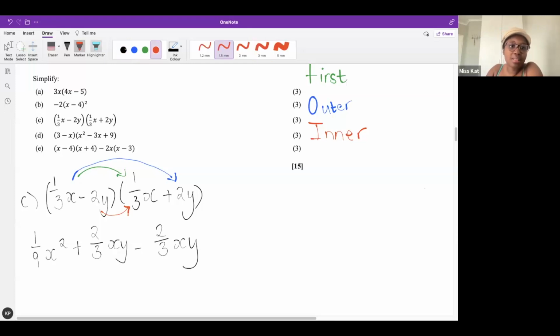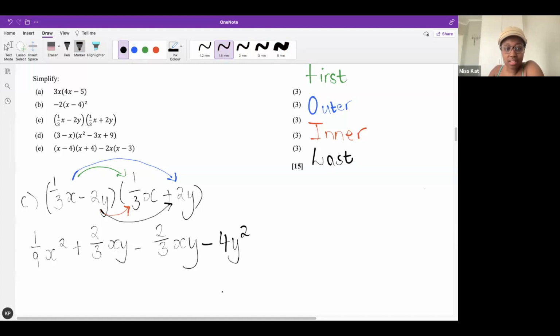And then what does my L stand for? L stands for last. That is the last terms of both brackets. So it's 2y multiplied by 2y. Again, we are multiplying a negative and a positive number. Nice. Negative 4y squared. Now, after you multiply them, you need to check if you can simplify.